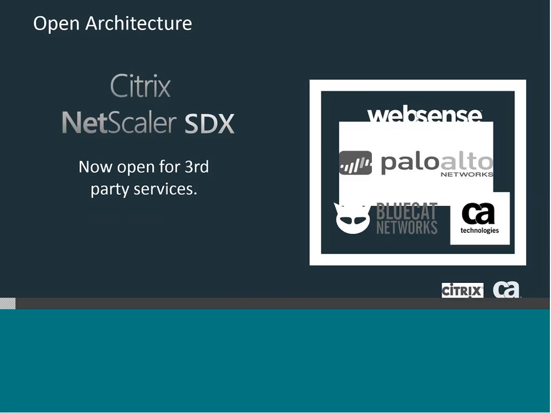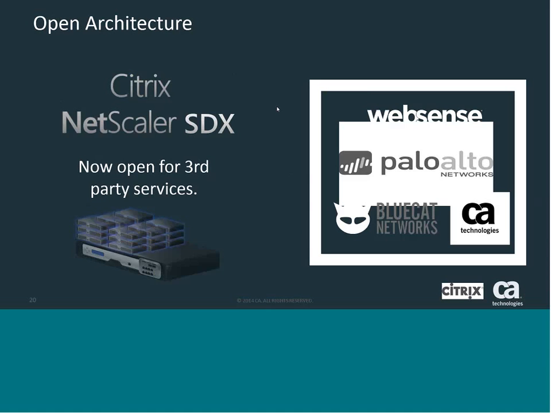And then if we go to the next slide, we specifically built the virtualization architecture of Netscaler to support not just Netscaler, but a set of best-in-class offerings from select Citrix Alliance partners. And as we talked about earlier, we're very pleased to work with CA around this.